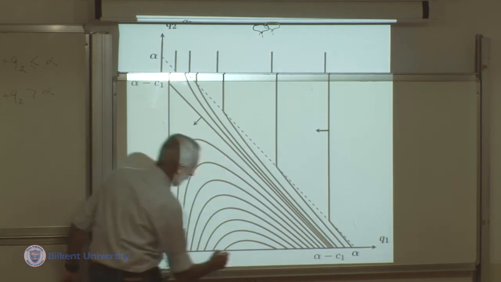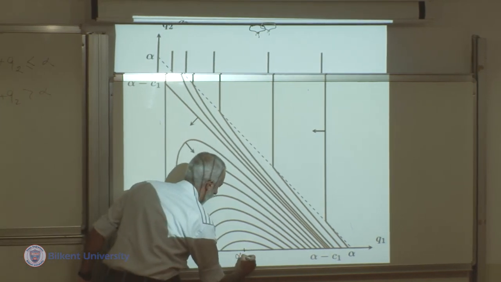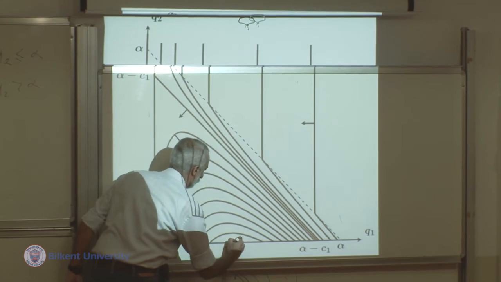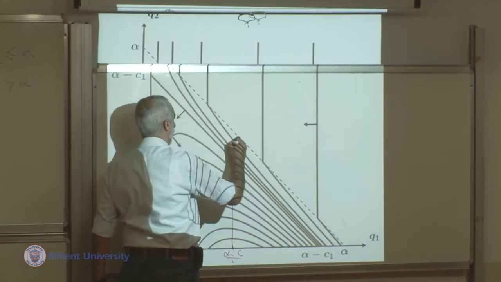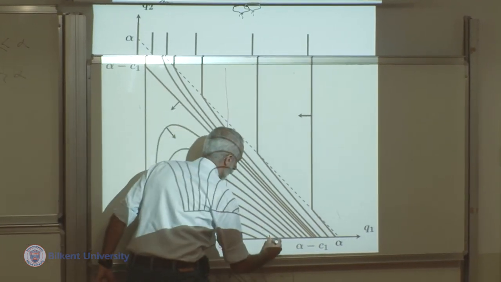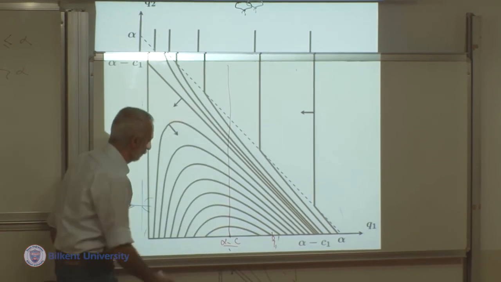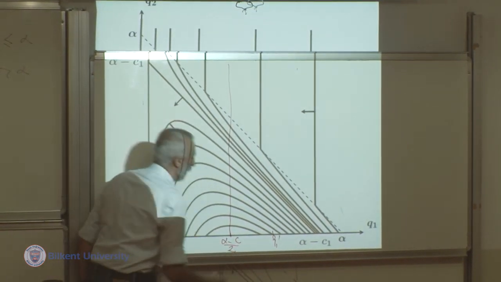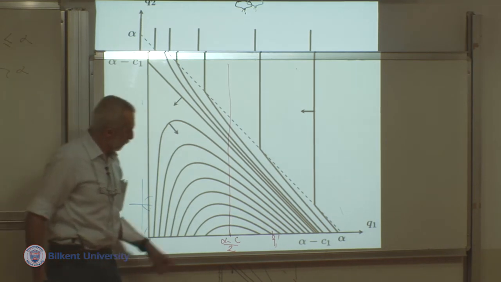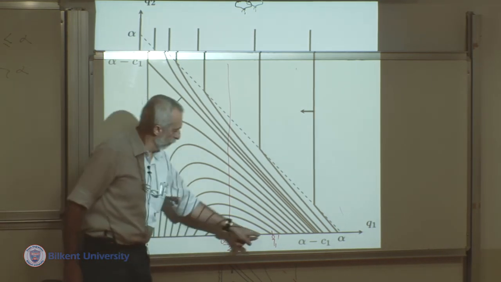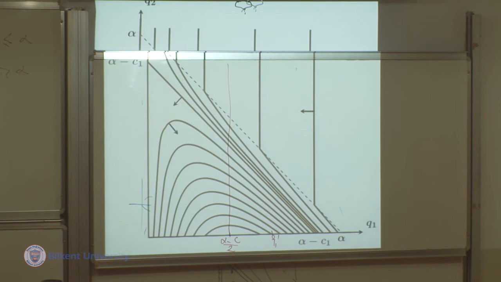So let me draw the line. This is alpha minus C over 2. And that's some strategy Q1 prime bigger than alpha minus C1 over 2. How do you see that alpha minus C1 over 2 dominates Q1 star?